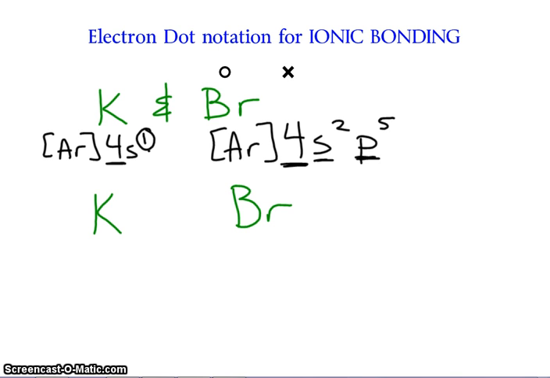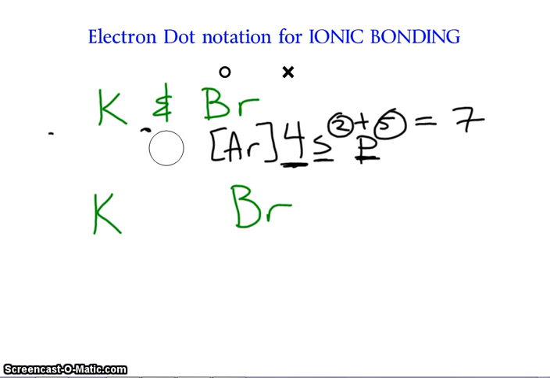So the highest occupied energy level for bromine is the fourth level, which corresponds to the row that it's found in on the periodic table. Fourth level, 2 in the s plus 5 in the p's, 7 valence electrons for bromine. Those are the electrons that are available for bonding.